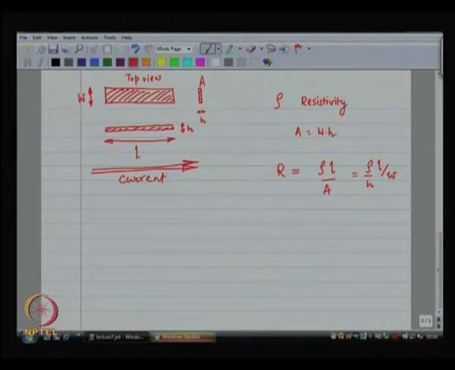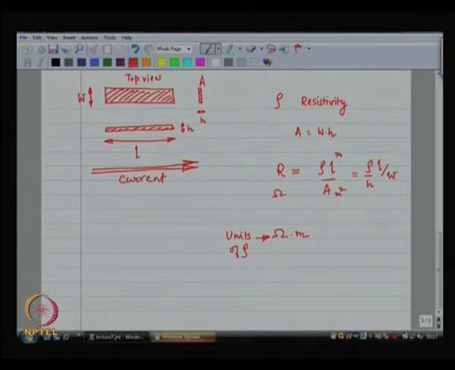So, what are the units of rho? Here we have ohms, here we have meters, here we have meter squared. So, the units of resistivity rho is ohm times meter. Now, is that fine?